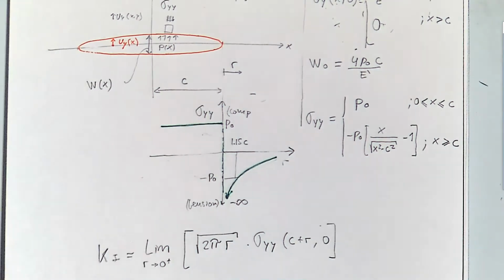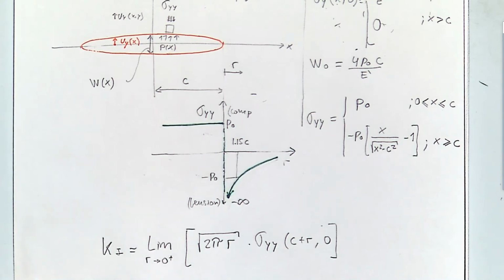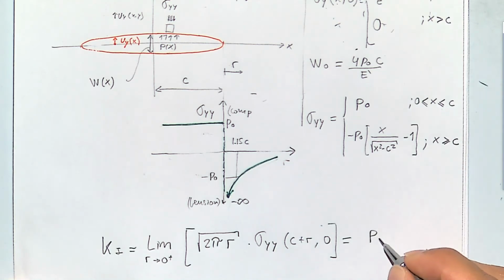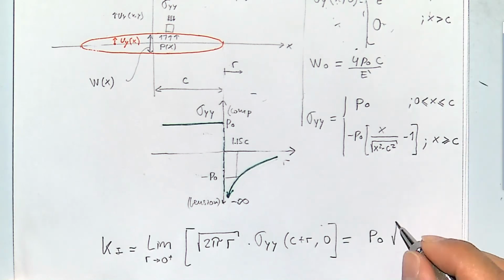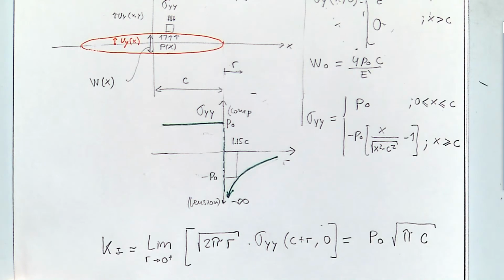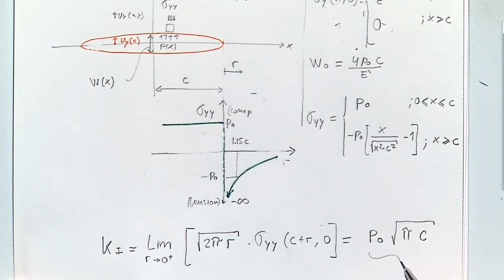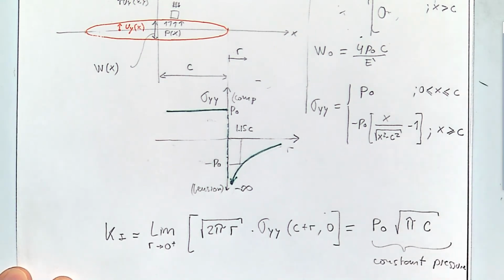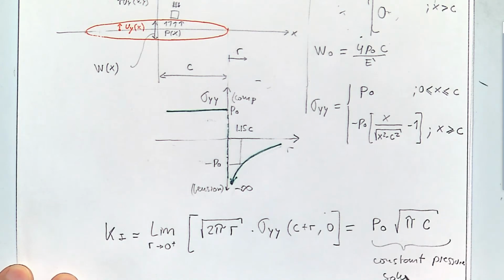But when you make the math, you can recover that this is going to be a finite quantity, and for the case of constant pressure, this value is going to be equal to the net pressure times square root of pi times fracture half length. And this is going to be the constant pressure solution.